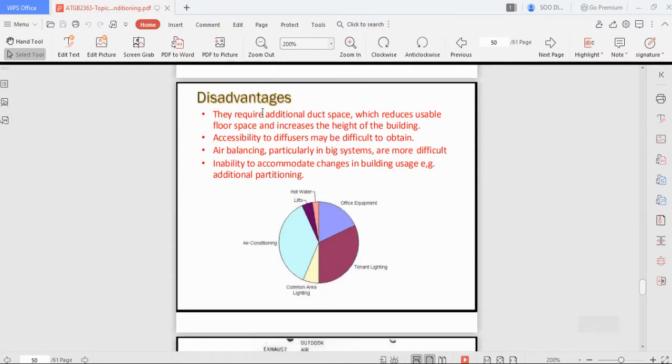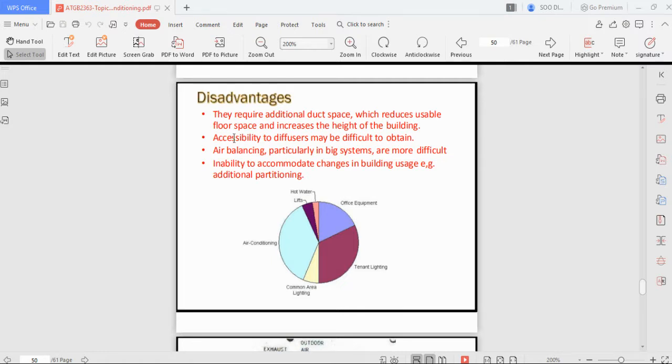But there's a disadvantage to it because it's a large area and you have a lot of distribution outlets, so you will need additional duct space. So this duct space can be used for floor space or you can increase the height of the building.